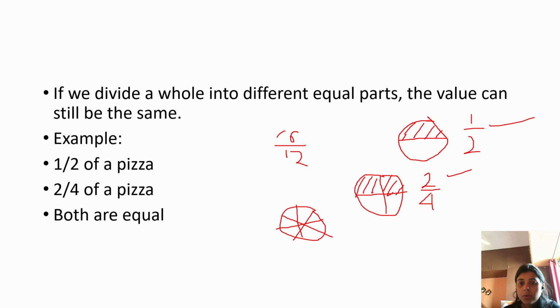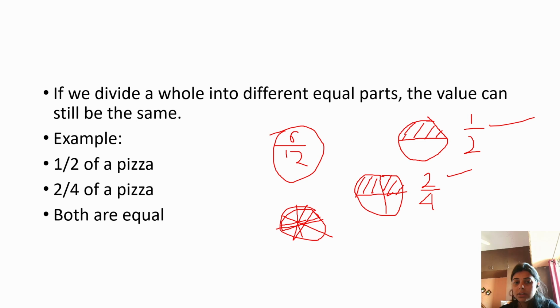So this 6 by 12 value is same as that of your 2 by 4 and 1 by 2. 1, 2, 3, 4, 5, 6. Let's say one more cut we will give, so this shaded part will be same as before.